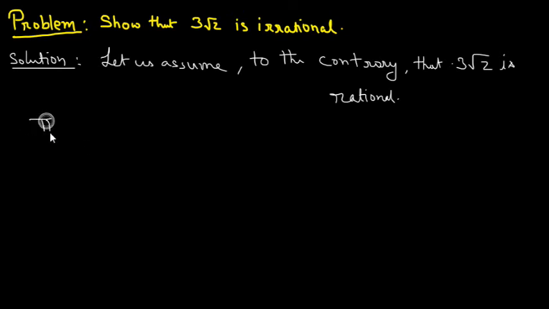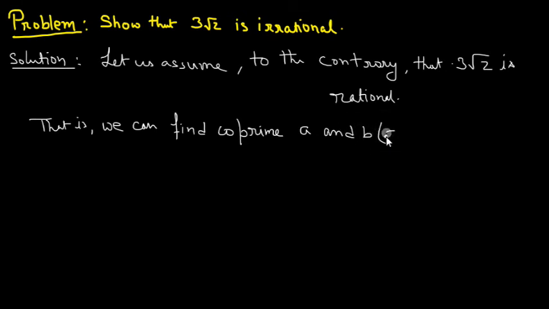That is, we can find co-prime A and B not equal to 0 such that 3 root 2 is equal to A upon B.